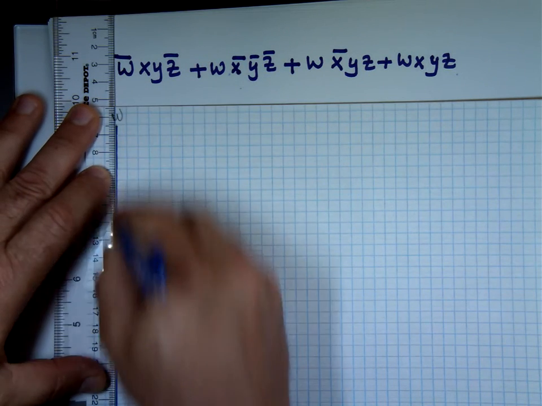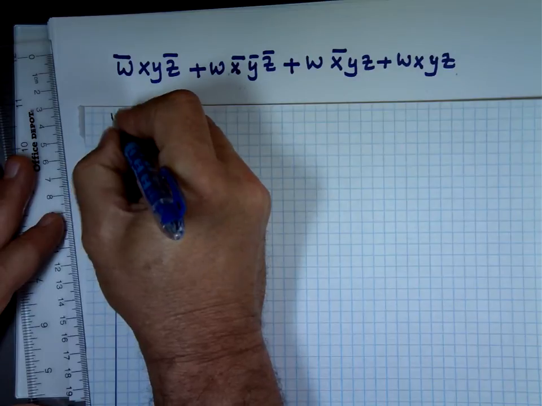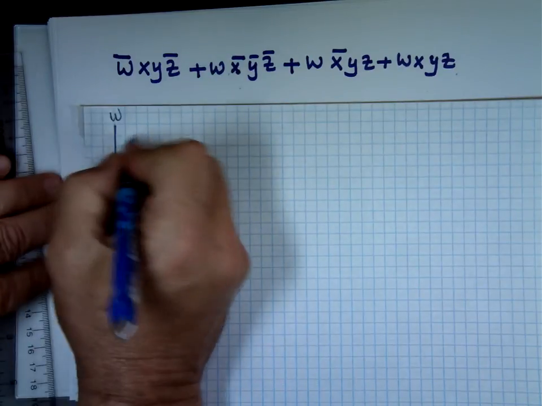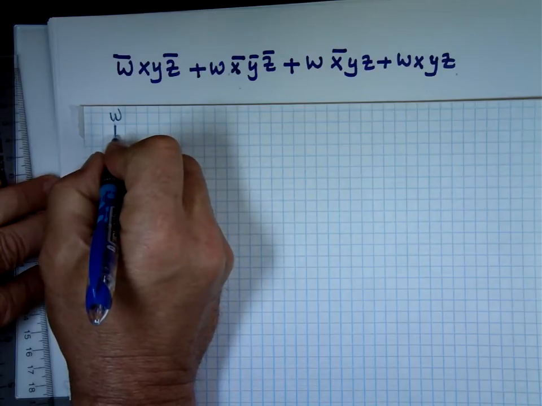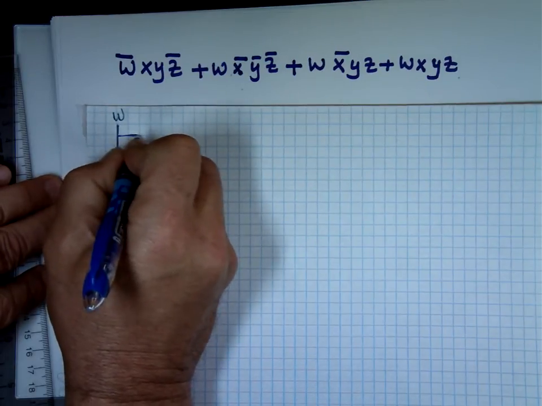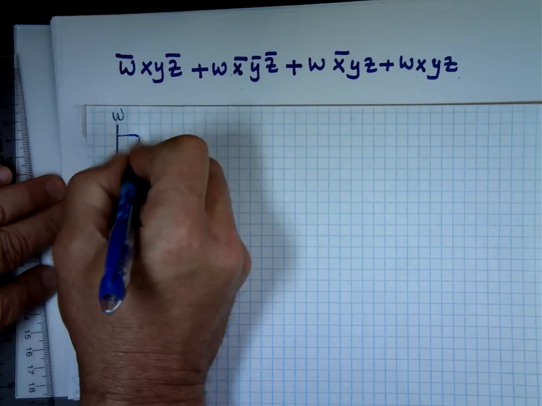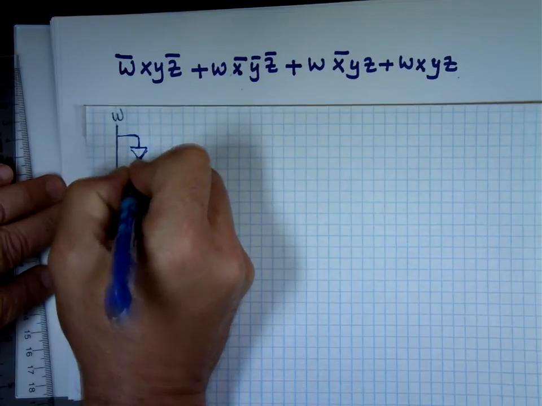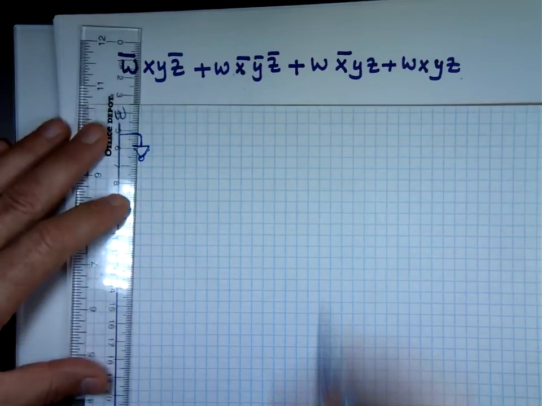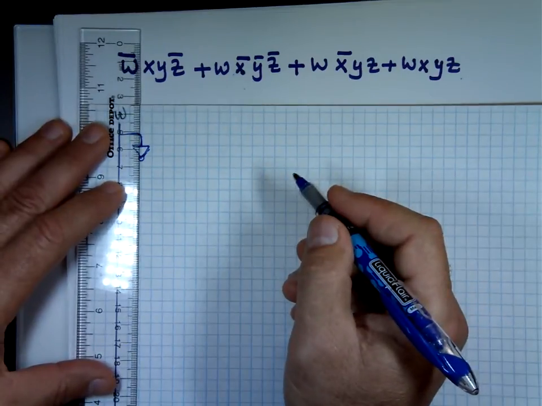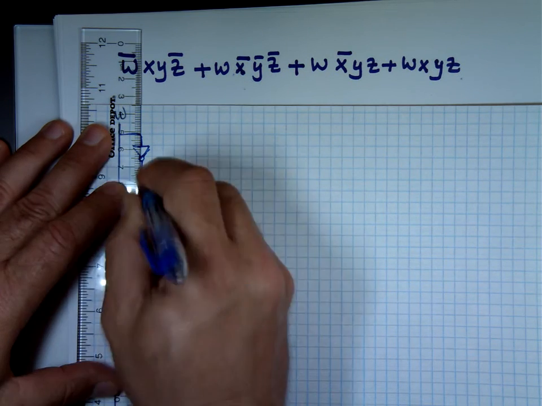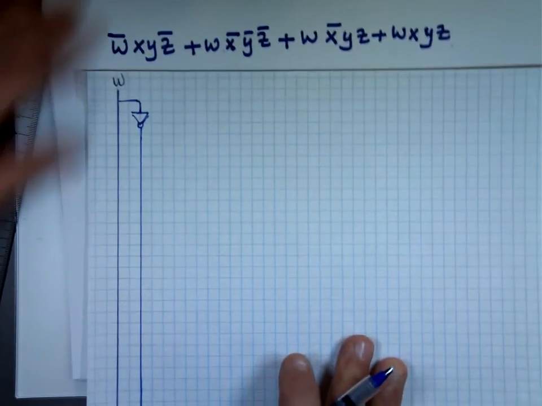Is that better? Yep. And what I will do here, right next to it, I'll get a NOT gate. And that becomes what? This piece is W bar now, because I'm going to need it. That's W and W bar.